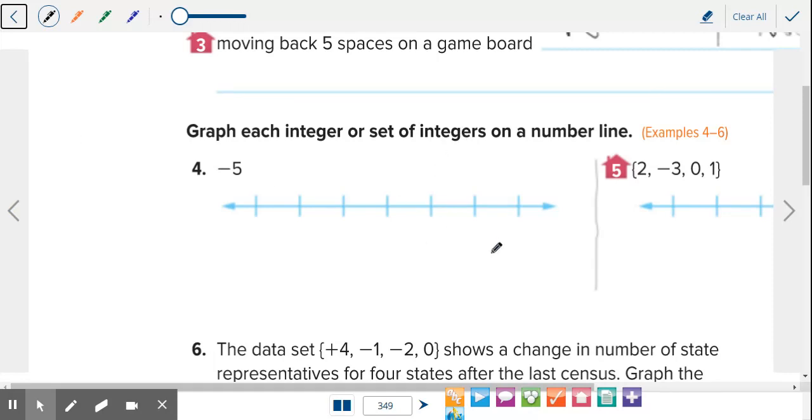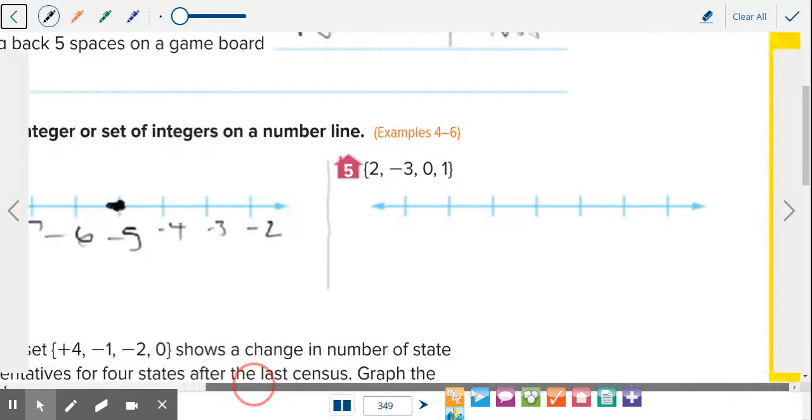When you only have 1, I put like -5 here, and then what would go next over here to the left? -6, -7, -8. Now what would go here? -4, 3, and -2. Since we're just plotting -5 on the number line, you put a dot right at -5. That's it. That's all they want you to do for graphing.